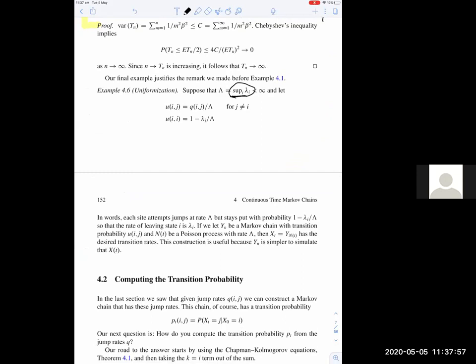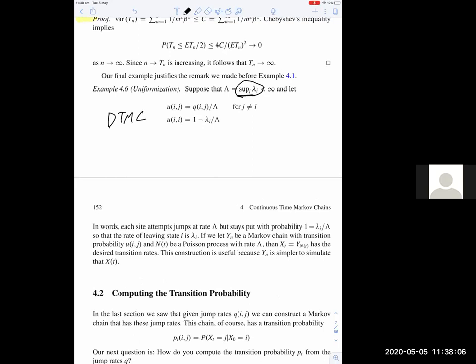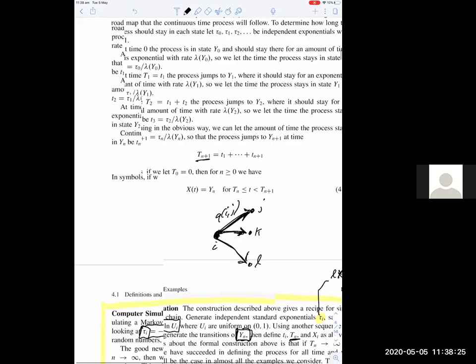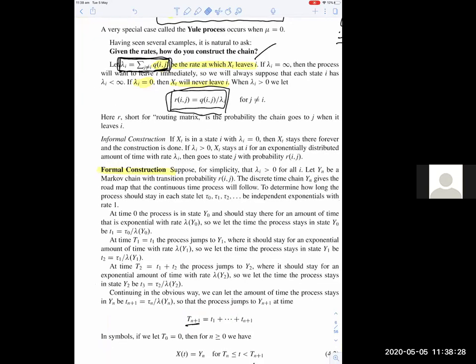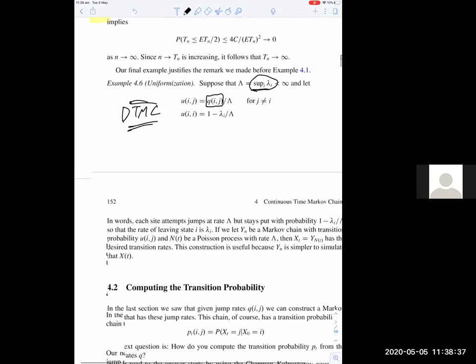What you can do now is define another type of Markov chain, a discrete time Markov chain, a DTMC. Up to now, everything for us was discrete time Markov chains, and now we're in continuous time. So you'll define this discrete time Markov chain with a probability of going from i to j equal to Qij, not normalized by the lambda that's specific to state i, the little lambda i, but rather divided by this maximal rate, capital lambda.